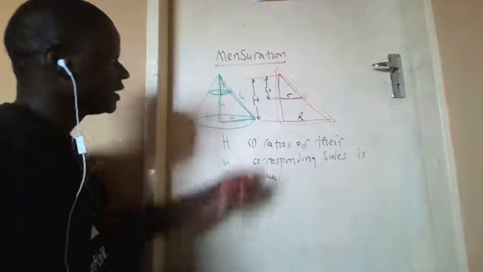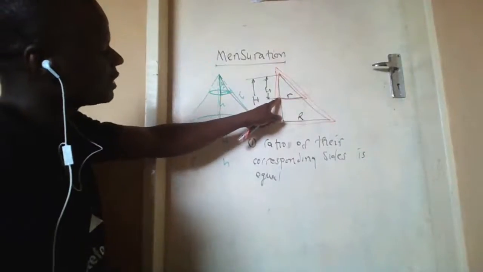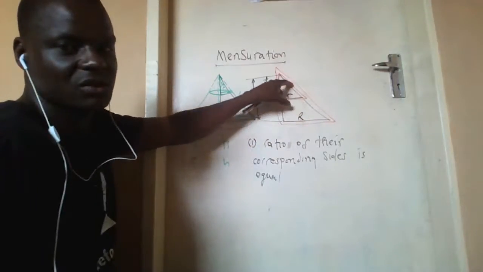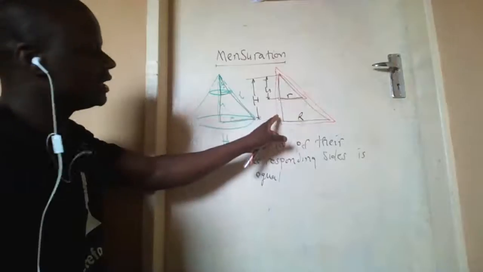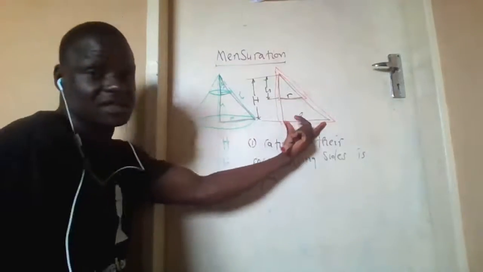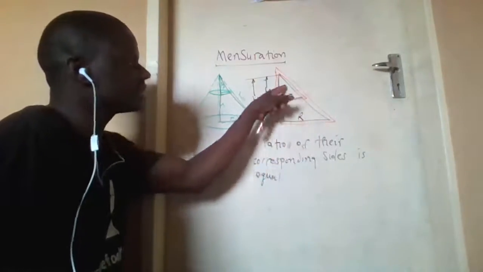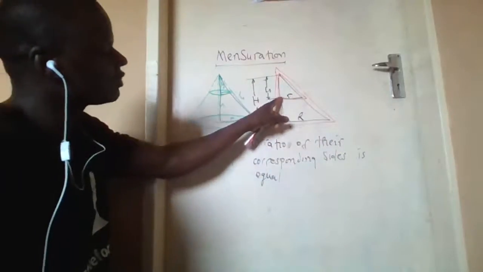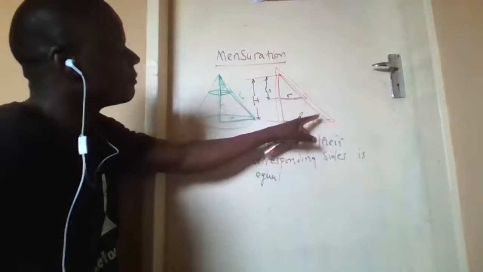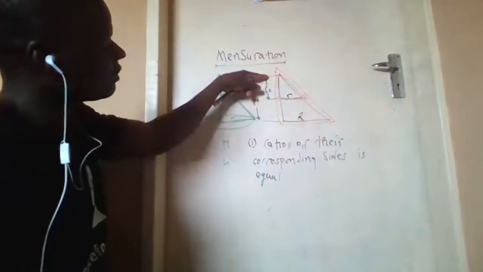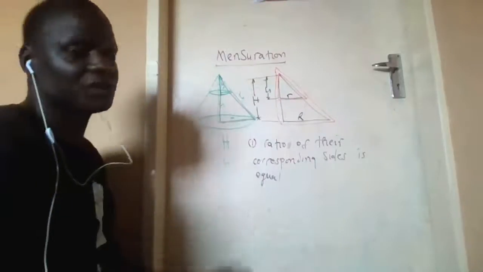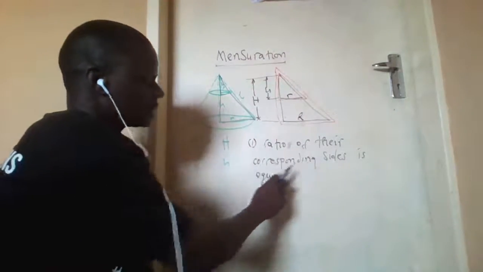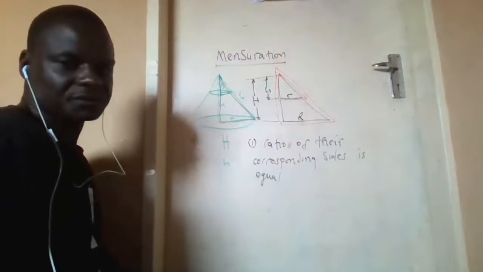So what do I mean? Meaning the ratio of the corresponding side of this small radius in the top triangle to this radius here. If this triangle is similar to that triangle, then the ratio of that line to that line must be the same as the ratio of the small height to the bigger height. The ratio of their corresponding sides must be equal.